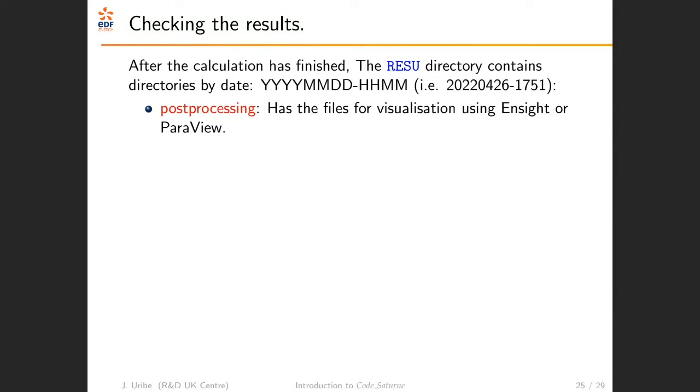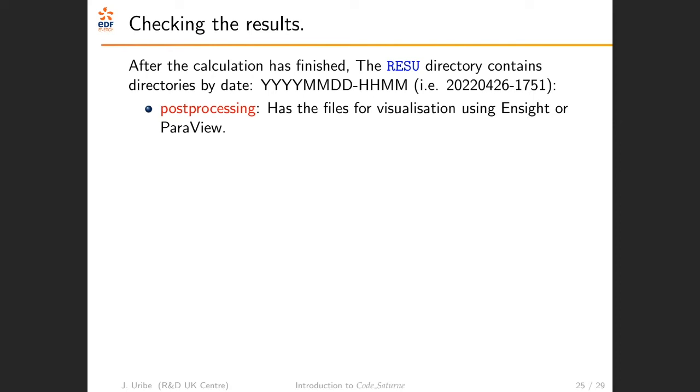After the calculation is finished, you can look at the results. As I said before, it will create a directory with the date. So year, month, day, time. And you will have the post-processing directory with the files that can be opened by Paraview.